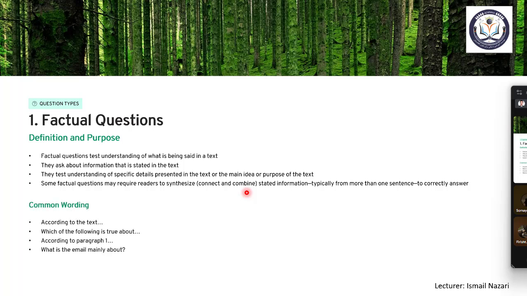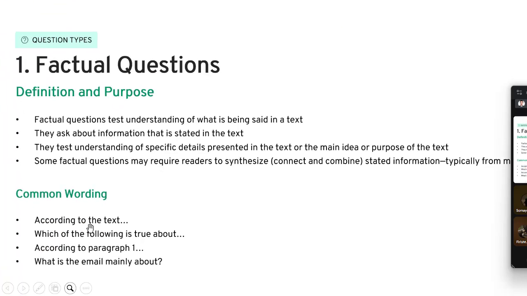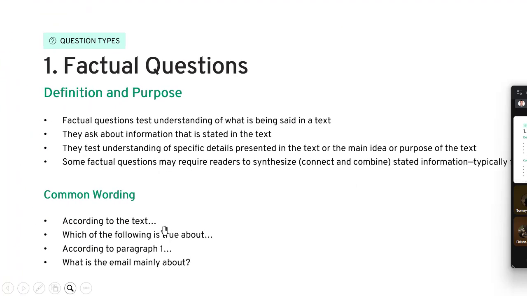Next, how is it worded, or what is the common wording for the factual information question? It may say, for example, "According to the passage," followed by a statement. Or "Which of the following is true about A, about B, about C?"